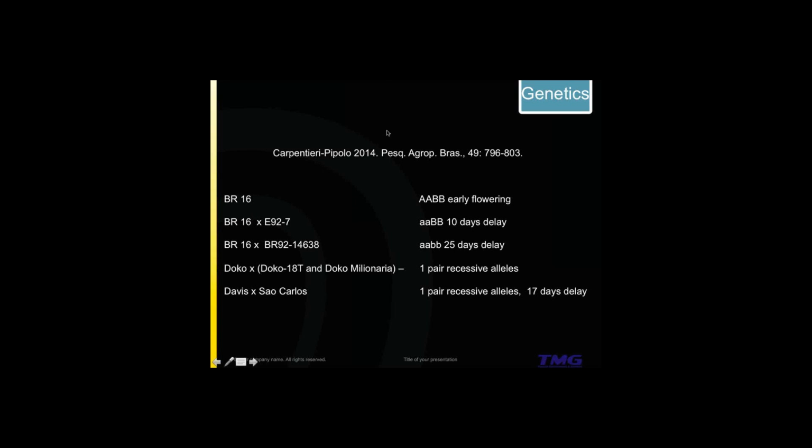I'm more a molecular biologist, and I really believe in interaction. I think we have different alleles. I bet we have different alleles at the J locus, and I bet we have interactions between the J locus and the E genes. I really believe that, but it's more of a gut feeling coming from molecular biology.